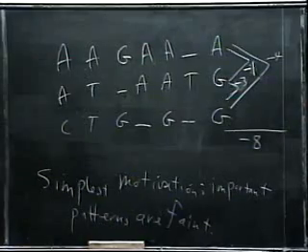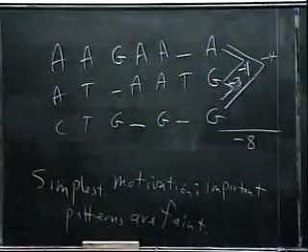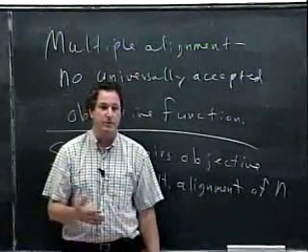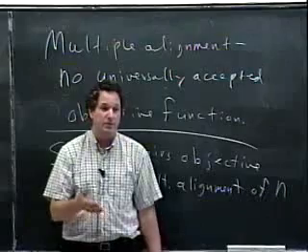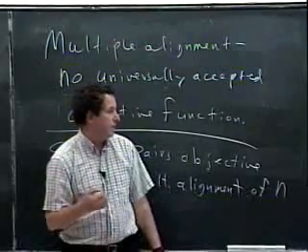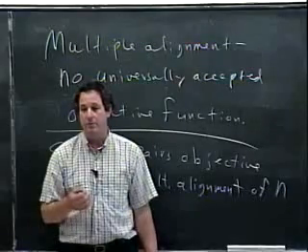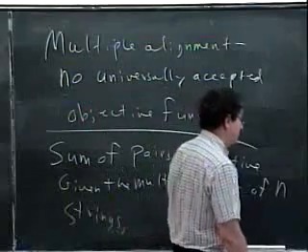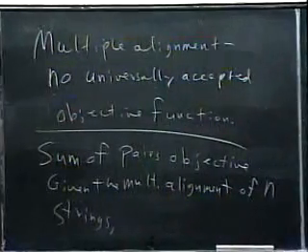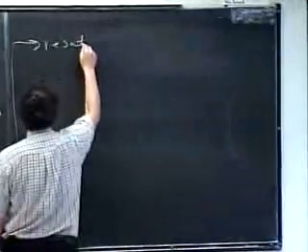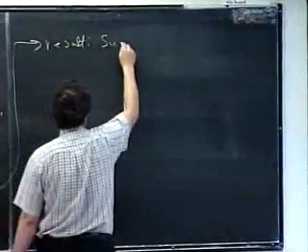And with this viewpoint, if our pairwise objective function is to maximize the number of matches minus the number of mismatches, and so on, then what we want to do is find a multiple alignment which maximizes this sum of pairs score. Sum those n choose 2 scores, and the result is called a sum of pairs score.